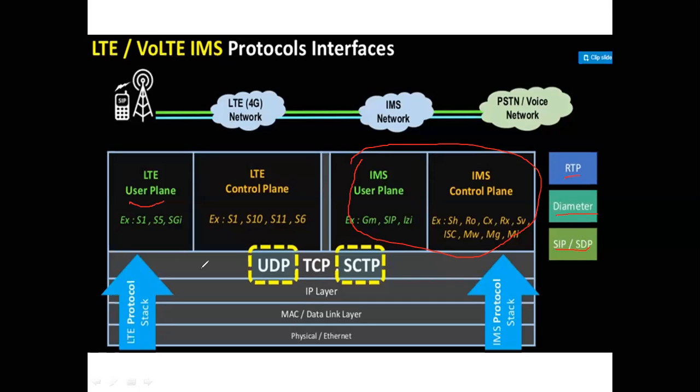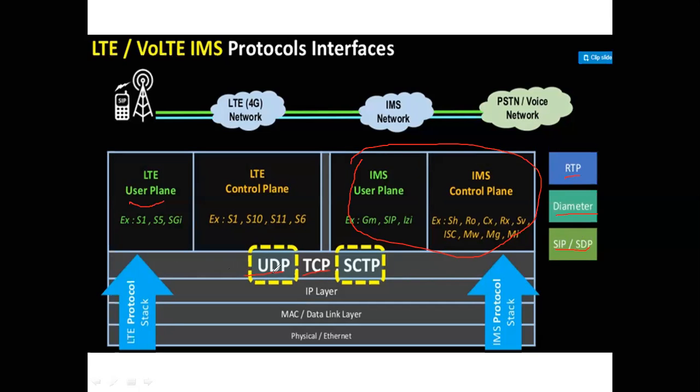Here, UDP, generally in our network we are using UDP and TCP. Both these protocols you already know. In UDP you don't require to resend the packet, and UE or network don't require to acknowledge any packet if the receiver party does not receive it.